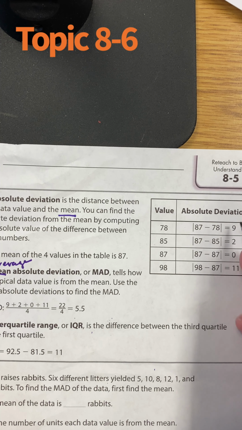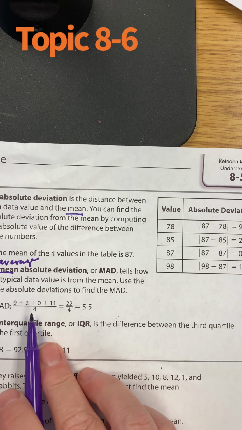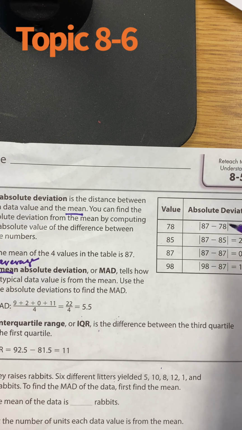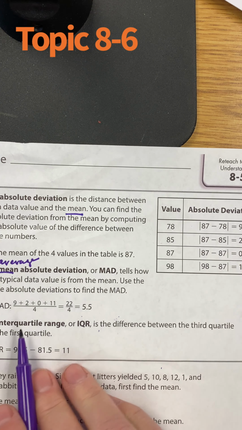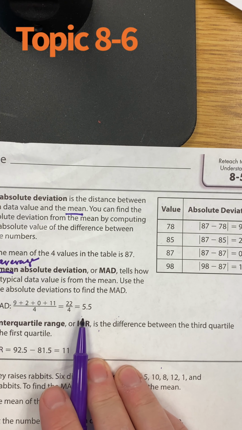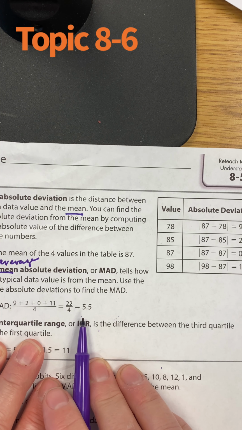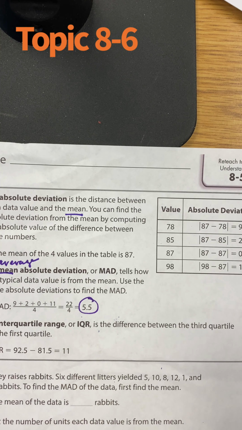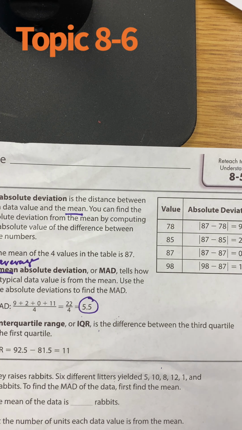So we would add up all of these: 9 plus 2 plus 0 plus 11. And we would be dividing it by the number of scores, which is 4. And so this mean absolute deviation, or MAD, would be 5.5. That just means that most of her test scores are below or above that 86, which was her mean.